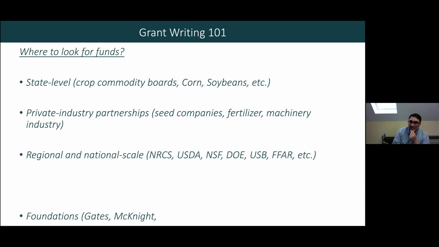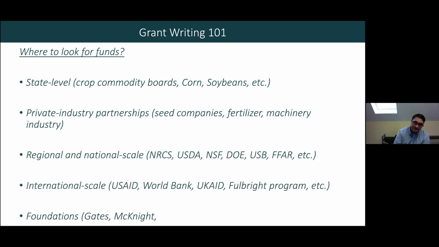At the regional and national scale, there is USDA, the US Department of Agriculture, also the Natural Resources Conservation Service, the National Science Foundation, the Department of Energy, the United Soybean Board, and the Foundation for Agricultural Research. These are some of the few where the projects are usually more regional or national level, not so much at the state level.